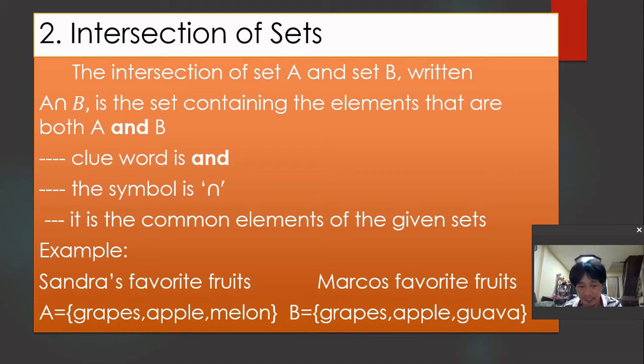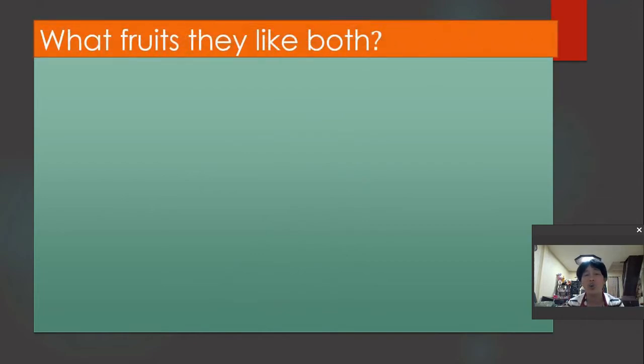Second is apple. Is there any fruit you have seen in which they are common? Okay, how many of them are there? There are only two. We have grapes and apple. So, when we are talking about intersection, we're also asking what fruits they like both. So that is intersection.